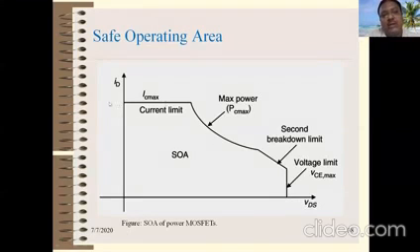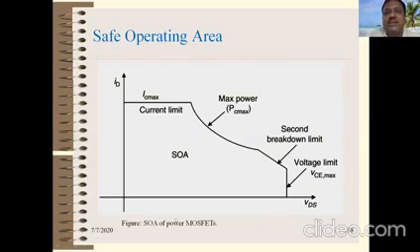We should not increase the current ID beyond the limit given by the manufacturer. No device works for infinite current or infinite voltage. Every device has its own voltage, current and power handling capacities.